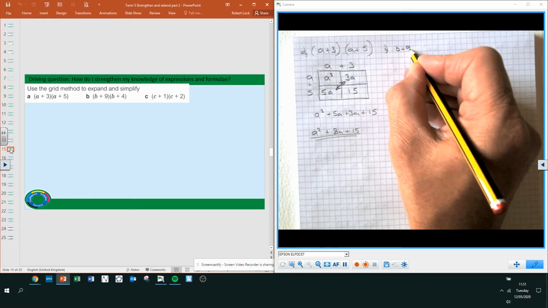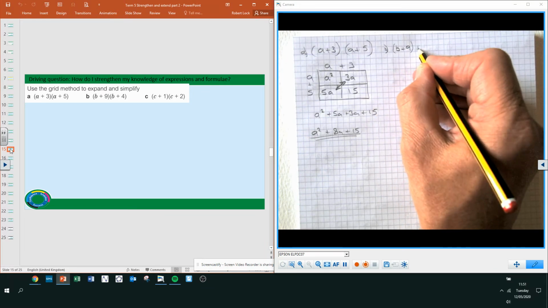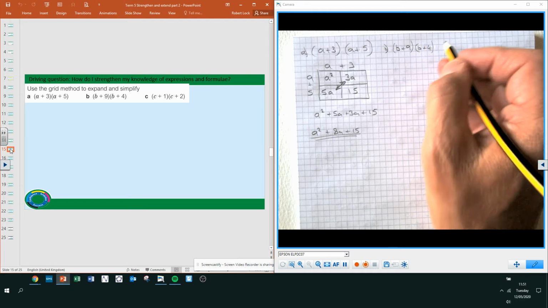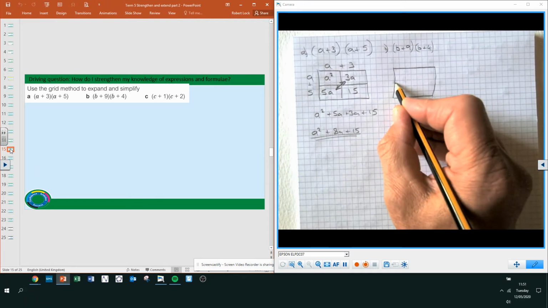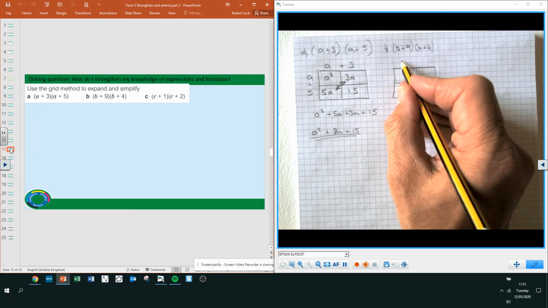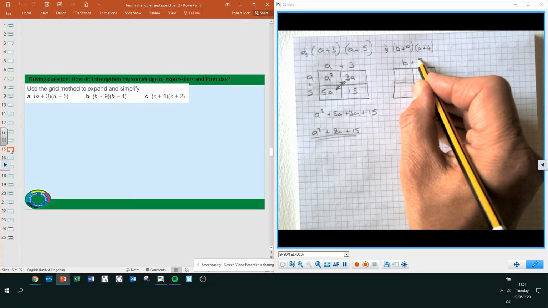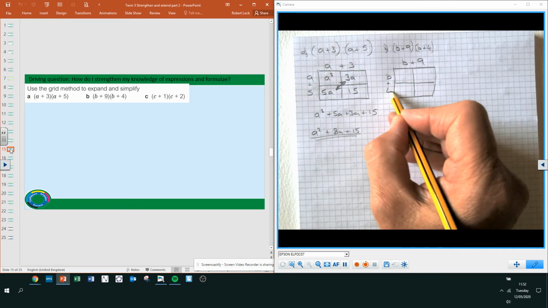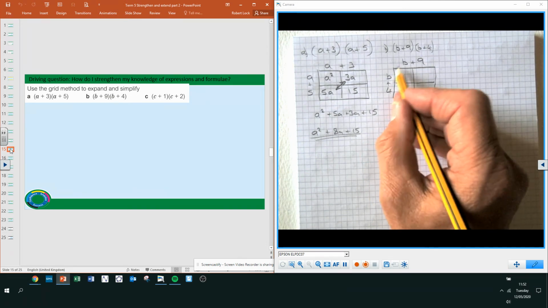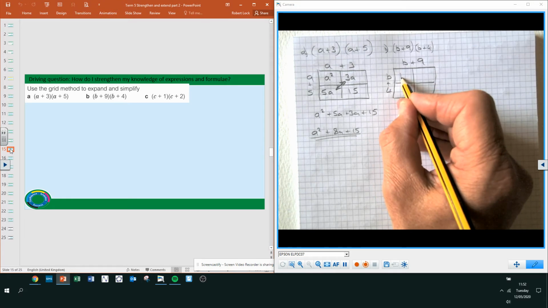B. B plus 9, B plus 4. Little grid. Some people find this a lot easier than the other way. This is the grid method, or using the area, because we're looking at the area of the grid. B times B is B squared.